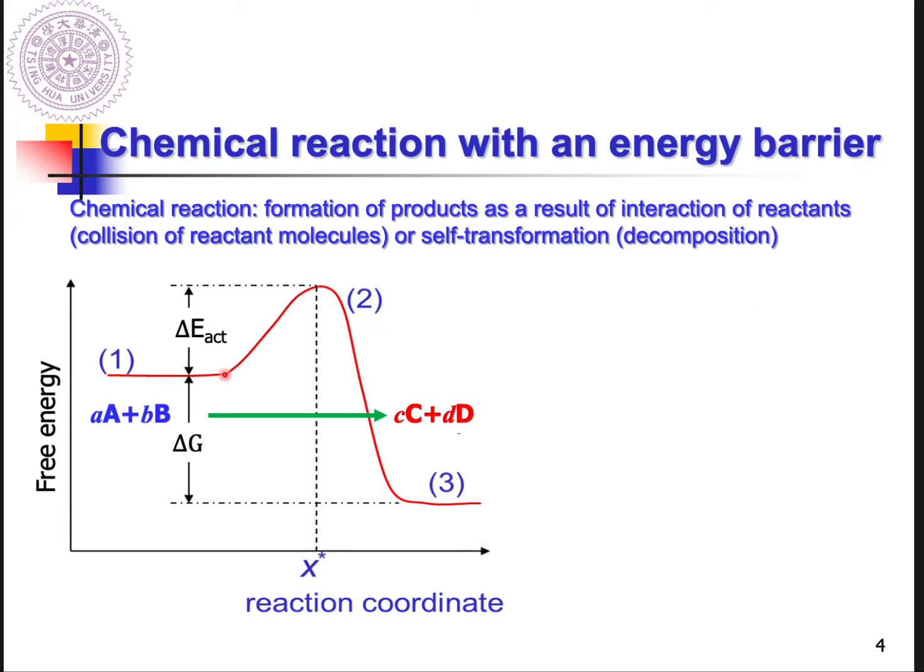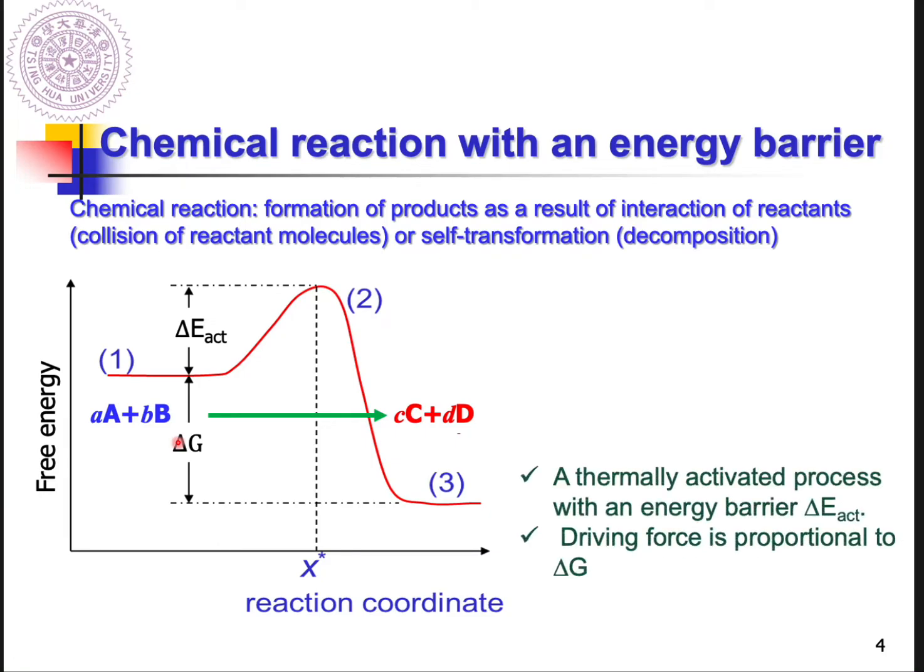As long as these reactants have sufficient energy to overcome this energy barrier, or activation energy, you will get the products C and D.